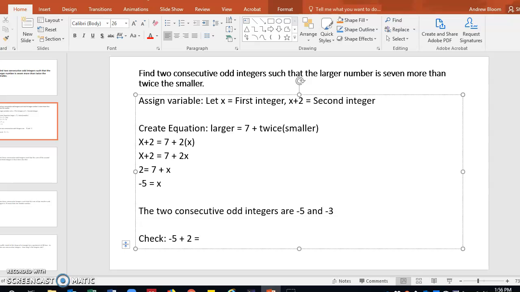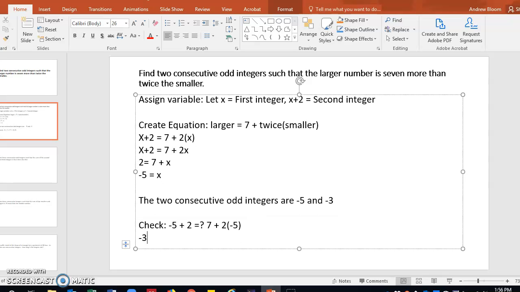From there, we want to ask ourselves whether or not this is a true statement, right? Does this value check? So negative 5 plus 2, that's negative 3. Is that equal to 7 minus 10? And it is. So it checks.